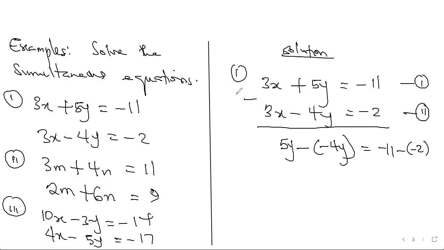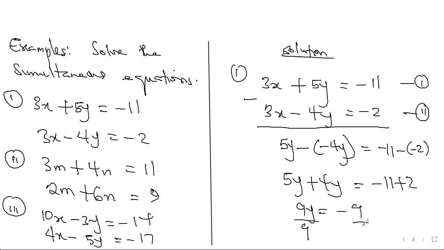So you have to be careful here with the signs. Then 5y plus 4y, minus and minus will give you plus, equals minus 11 plus 2. Then you have 9y equals minus 9. Then you divide both sides by 9. Then you get y equals minus 1.